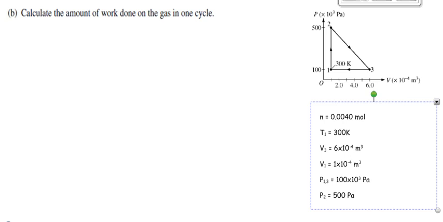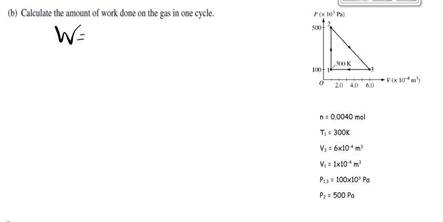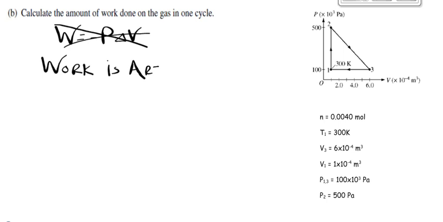All right, part B says calculate the amount of work done on the gas in one cycle. You can use the equation that work is equal to negative P delta V. However, what I would like to do is use the relationship that work is the area enclosed.